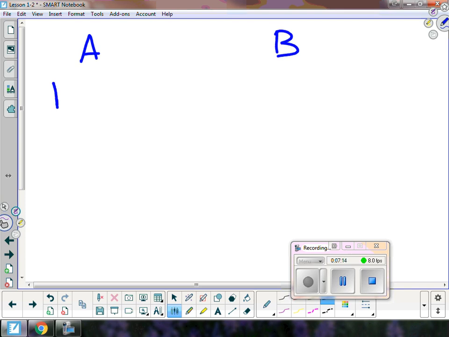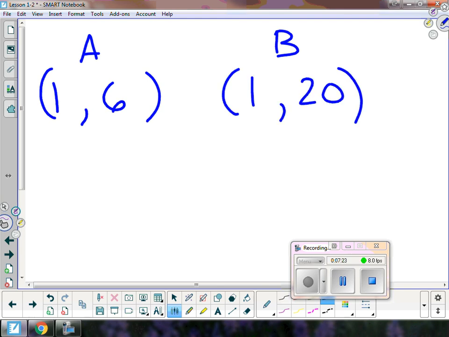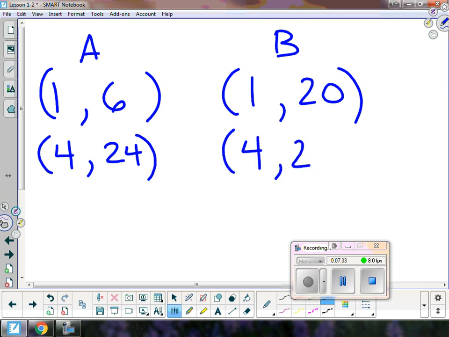What if you needed 1? How much would it cost at store A? 6. If you needed 1 at store B, 20. Ugh. 4 at store A, 24. 4 at store B, 20.